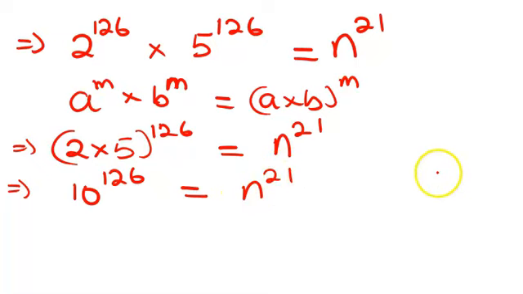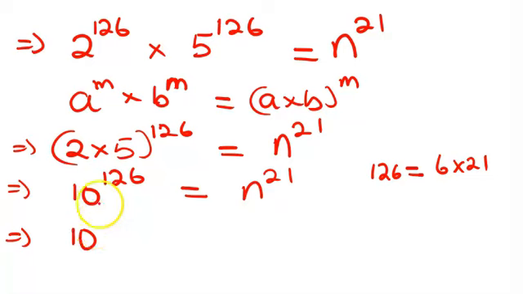Now 126 is the same as 6 times 21. So this implies that 10 raised to the power 126 can be written as 10 raised to the power 6 times 21, which is equal to n raised to the power 21.